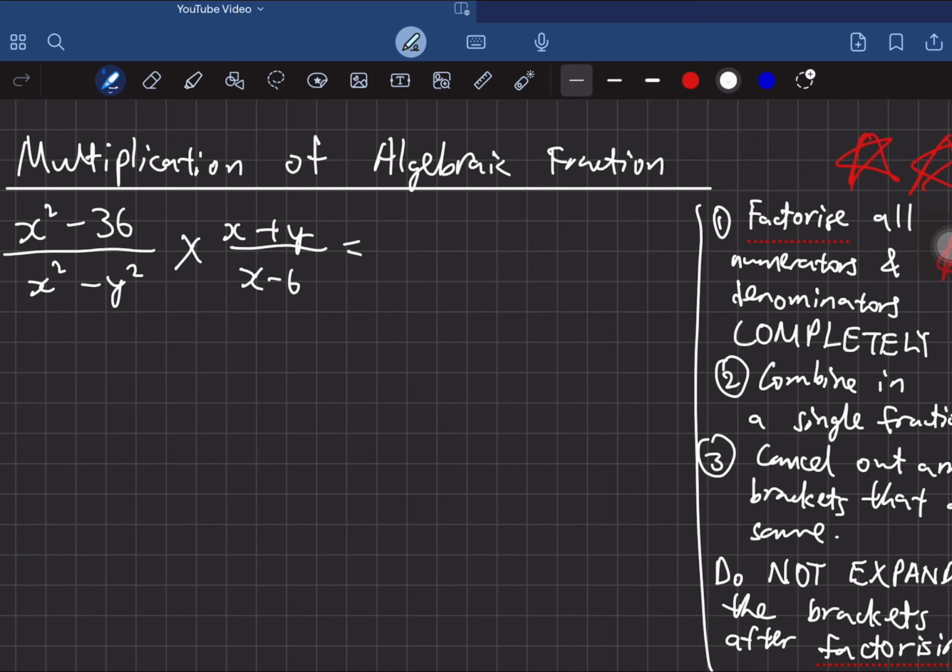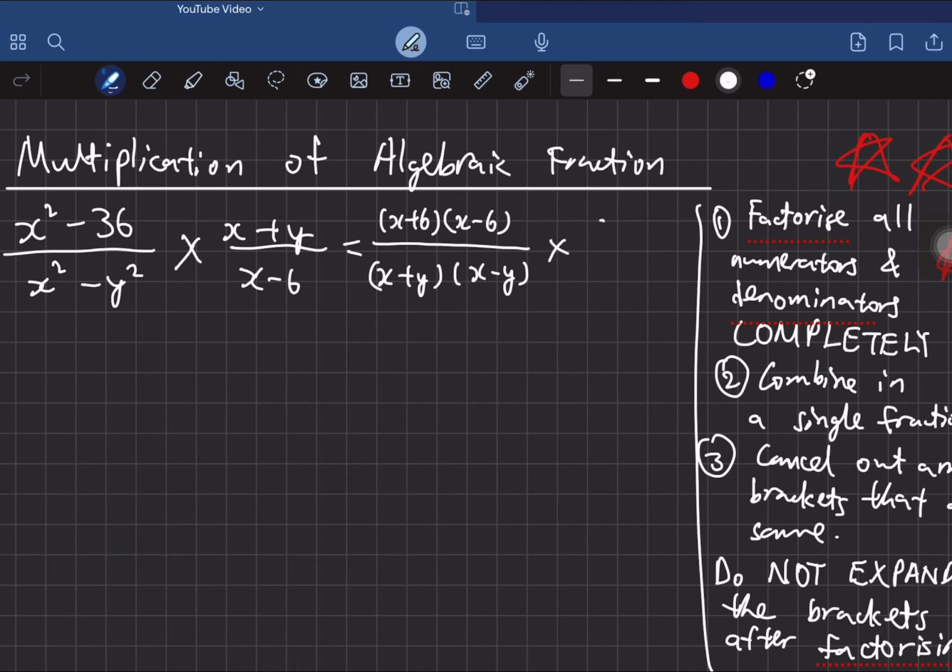So my first numerator, x squared minus 36. I'll be using the algebraic identity, a plus b, a minus b. Then my denominator, also a squared minus b squared, a plus b, a minus b.